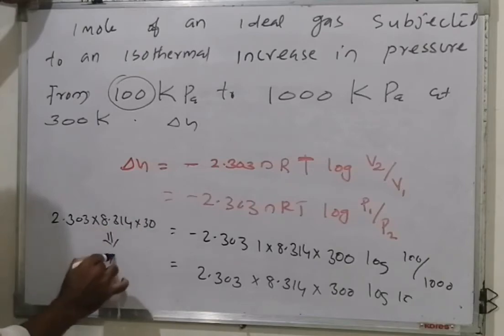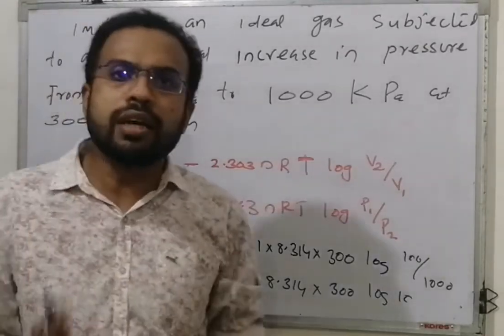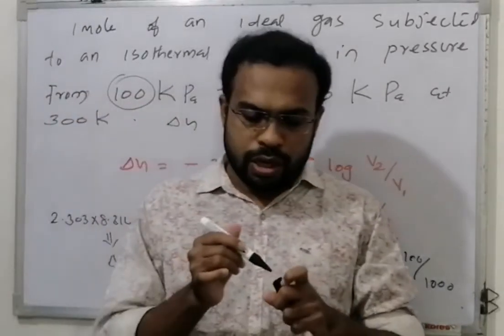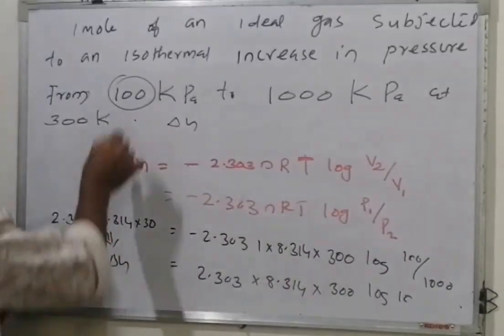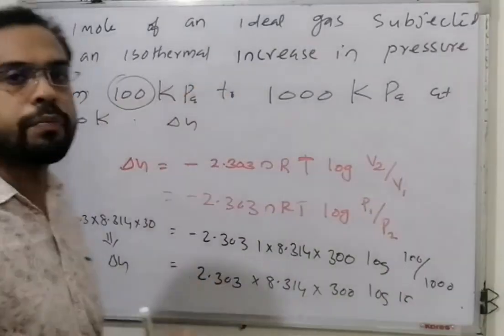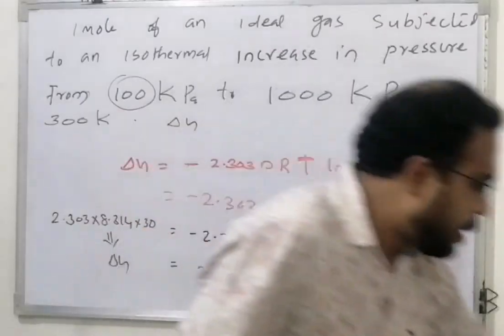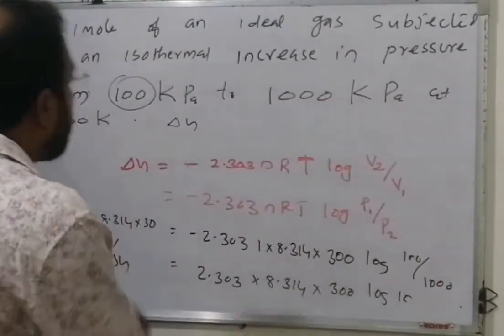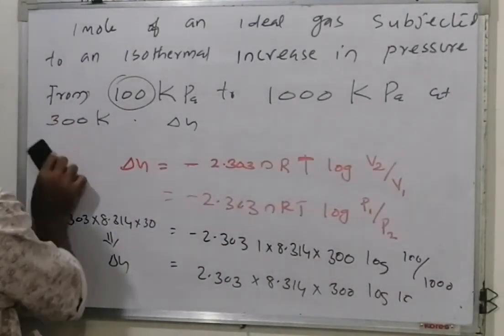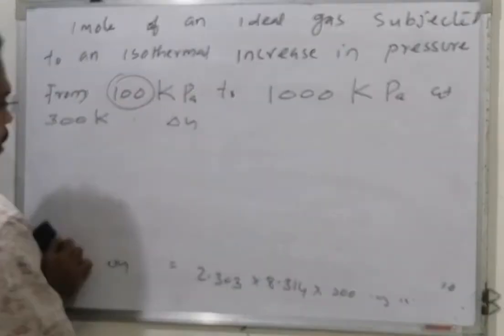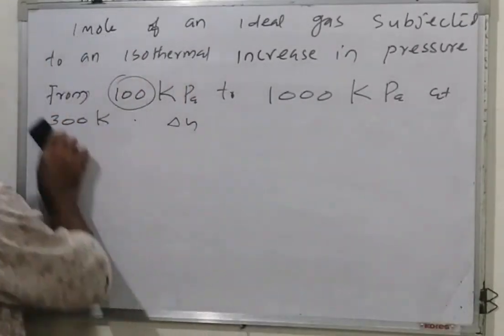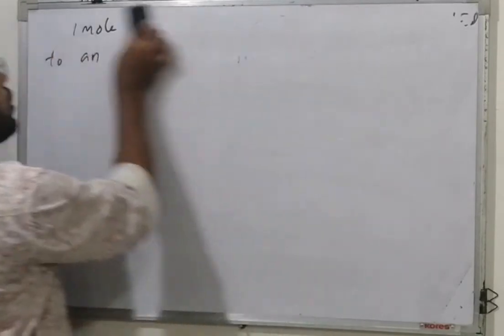That is your delta G. Delta G is positive here. Why? Because it is compression from lower pressure to higher pressure. That is, free energy will be positive when you compress, and entropy will be negative when you compress.